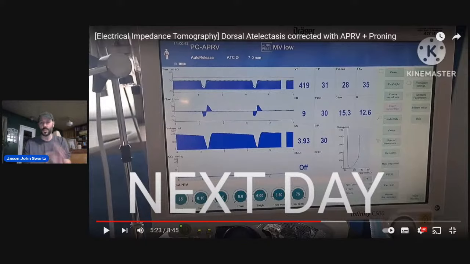I just transitioned to APRV for that one. I didn't want to go like 10 and 34, 12 and 30. I was uncomfortable to do that. So I switched to AC PC. I switched from ACPC to APRV. So I used the peak inspiratory pressure of 32 with my starting P high.